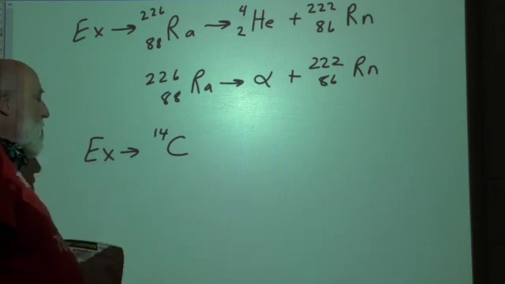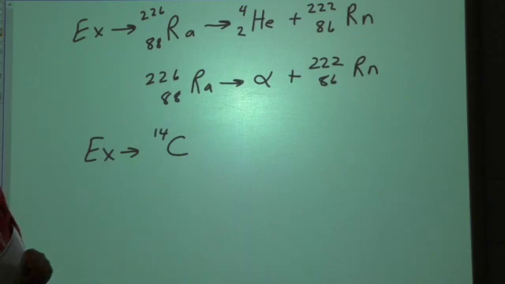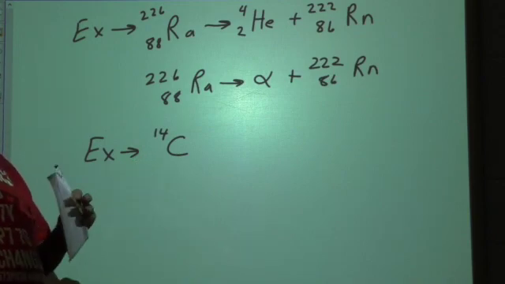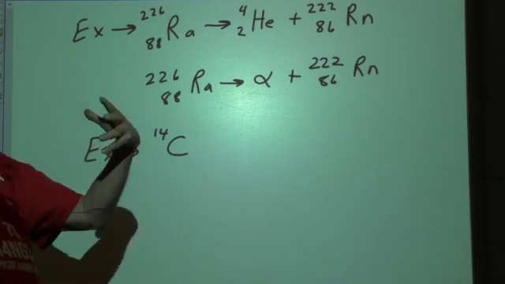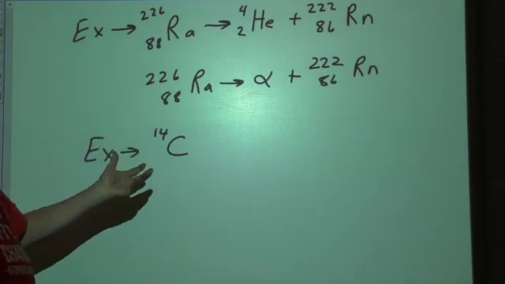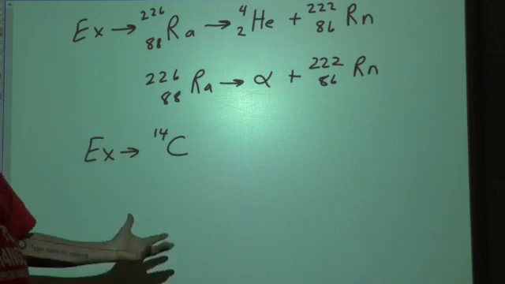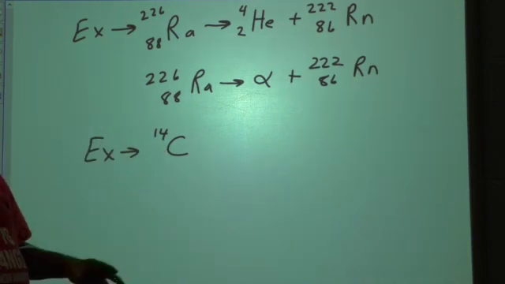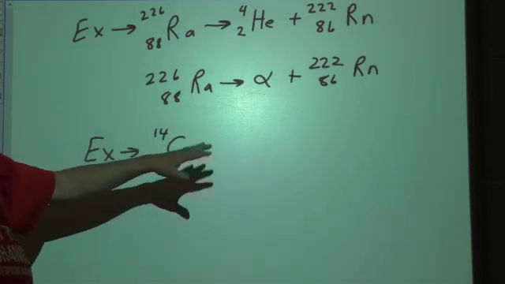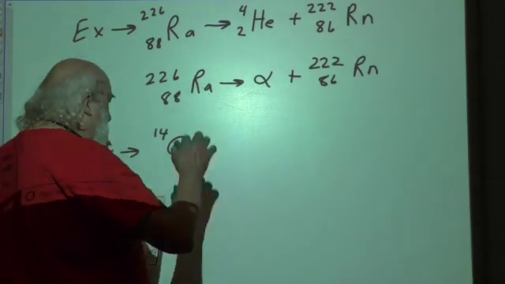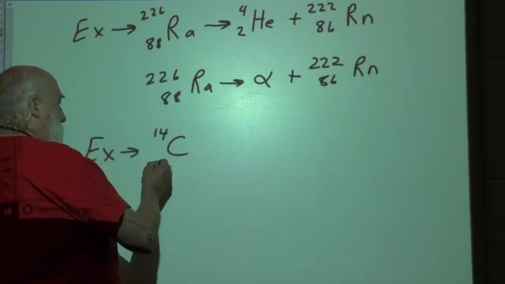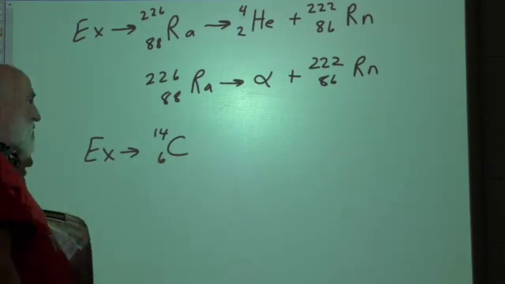Okay? So with carbon-14, you could figure out the age or the approximate age by looking at the amount of carbon-14 that is there compared to the amount of carbon-14 that would be there if it were alive. And there is a certain proportion of carbon-14 to carbon-12 that you use for that. But anyway, I digress. Finding the atomic number here, that's 6.